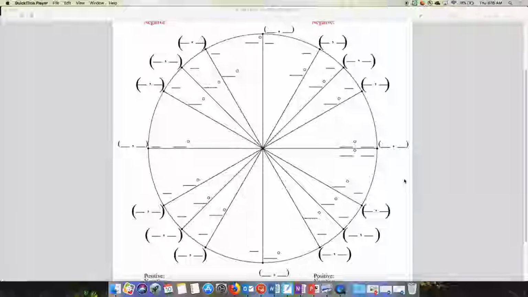Remember, in your pink triangle, the short side is across from 30 degrees.